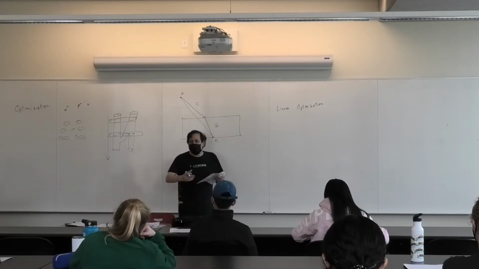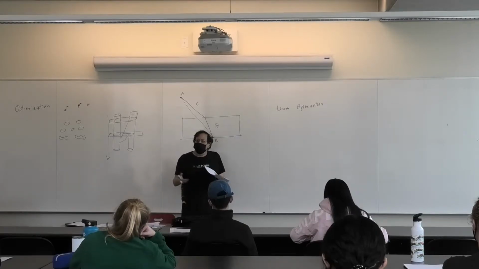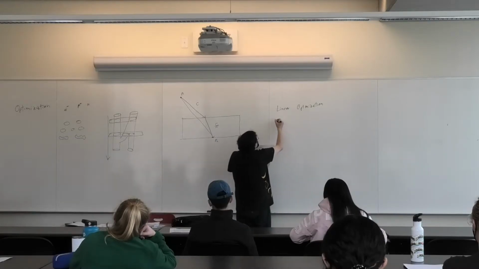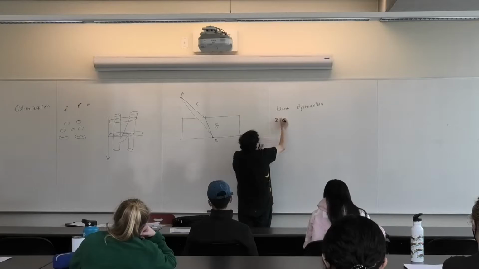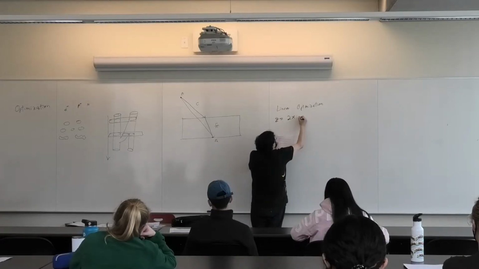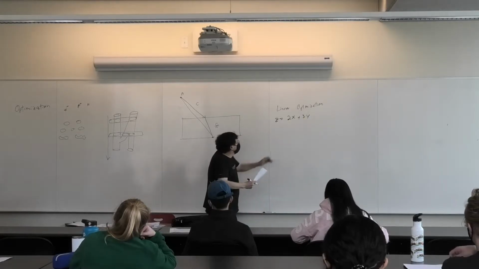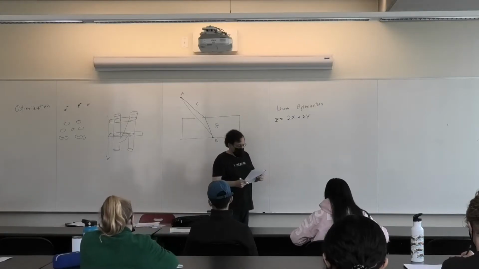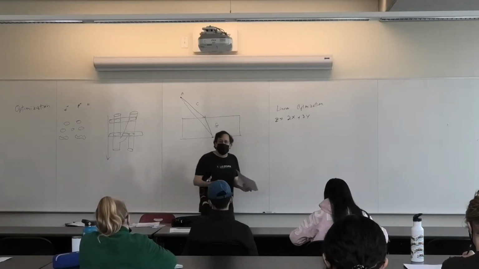And the idea is you have some variable that is modeled by some equation. In this case, we're going to have some variable z, which is modeled by 2x plus 3y. And we want to optimize this, maybe minimize it or maximize it. And we have some constraints.